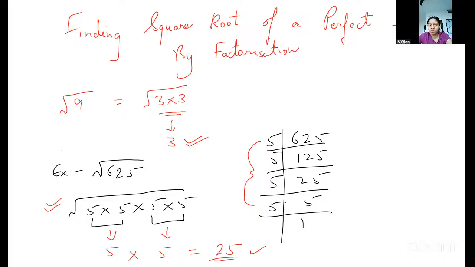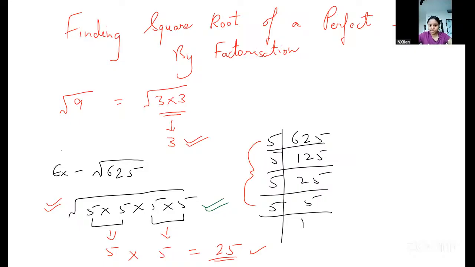Understood. How do we find the square root of bigger numbers by prime factorization method? So see now, in 625 when I got four fives, I was able to make pairs without any number left behind.